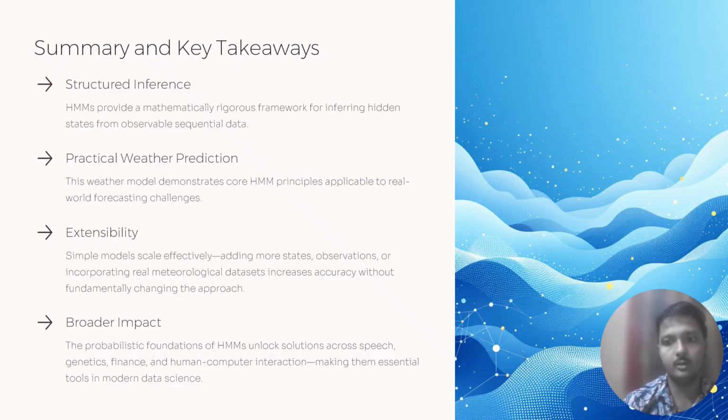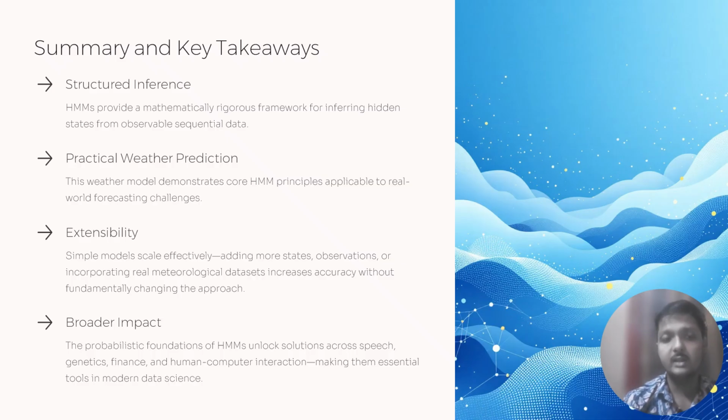Finally, the summary and keywords. Structured inference: HMM, the hidden Markov model, provides a mathematically sound framework for inferring hidden state from observable sequential data. Practical weather prediction: this weather model demonstrates core hidden Markov model principles applicable to real world forecasting challenges.